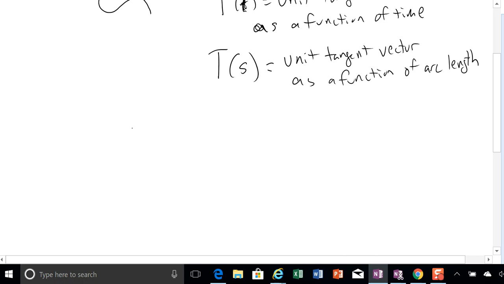So in terms of calculating the curvature, it's a lot easier to look at it this way.